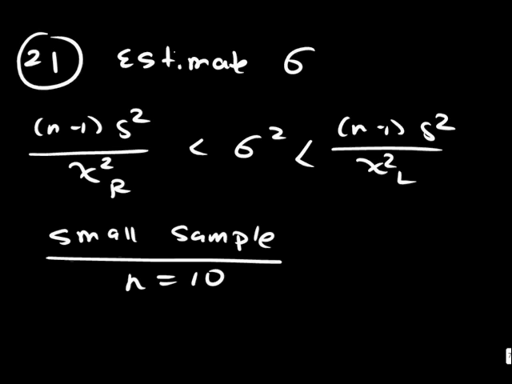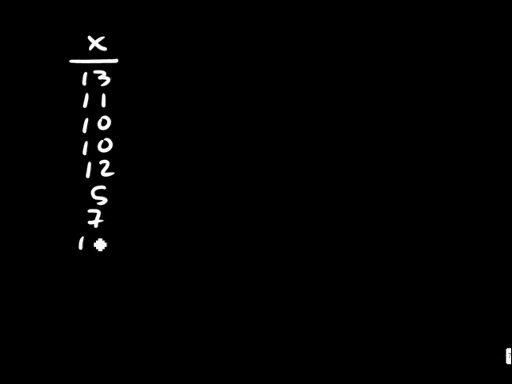So, if I list my data values: 13, 11, 10, 10, 12, 5, 7, 13, 6, and 11. If I add them, I get 98. I have to square each value.